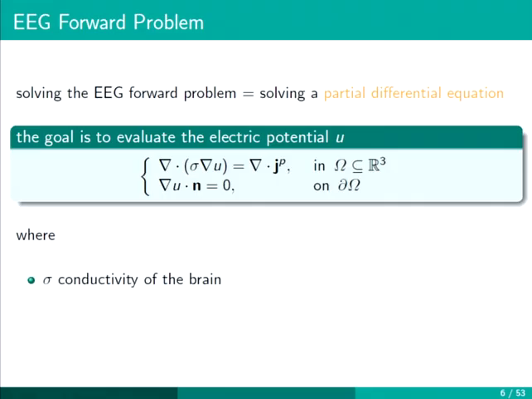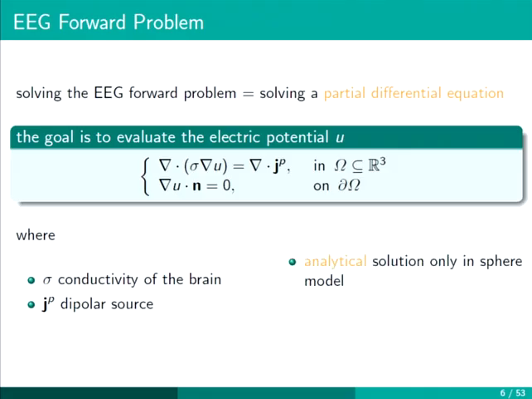In addition, we have the conductivity, sigma, which varies depending on which compartment of the head we are considering. And JP, a dipolar source. And omega is another crucial element of this model: it is the geometry, or the domain, where we want to solve our problem.